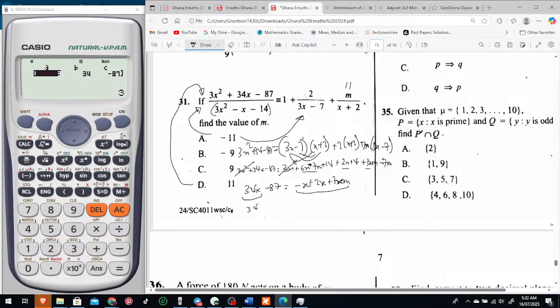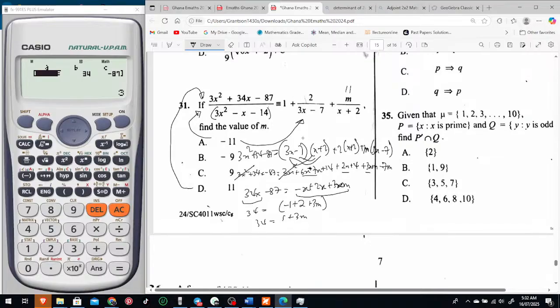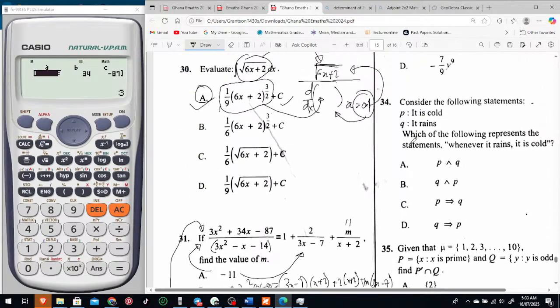So 34 equals, factorize the x out: negative 1 plus 2 plus 3m. So 34 equals 1 plus 3m. This gives you 33 equals 3m. Divide both sides, 11 equals m. Okay, I think you are right. Okay, that's good, that's good.